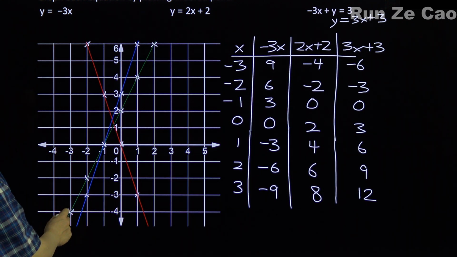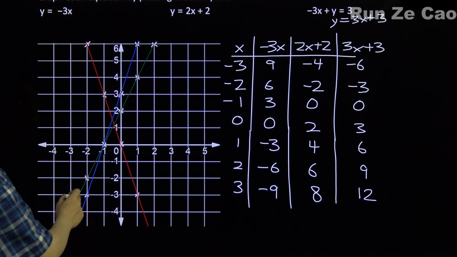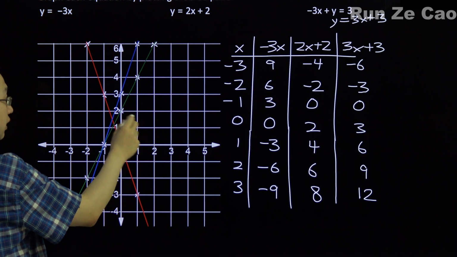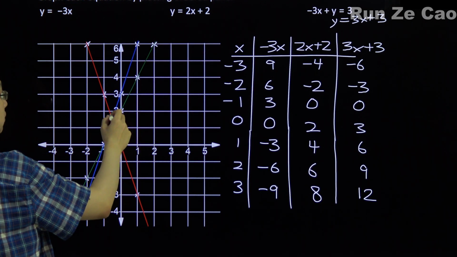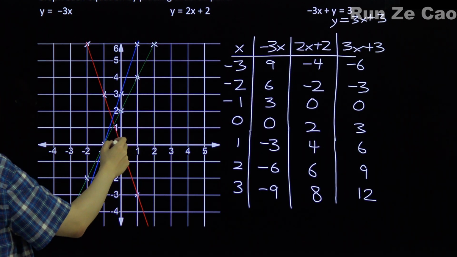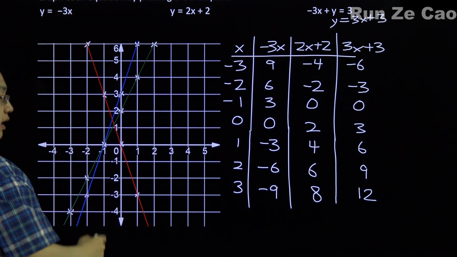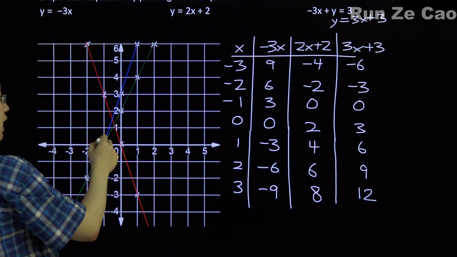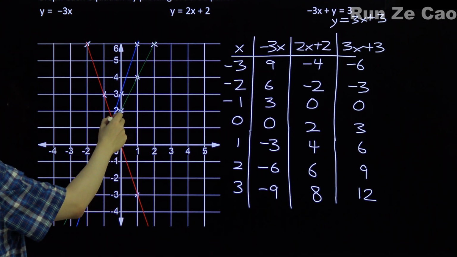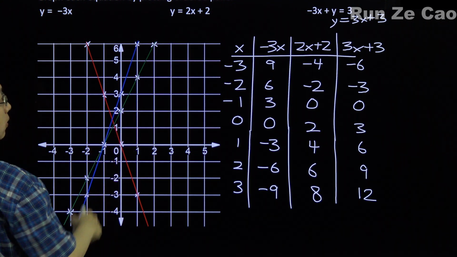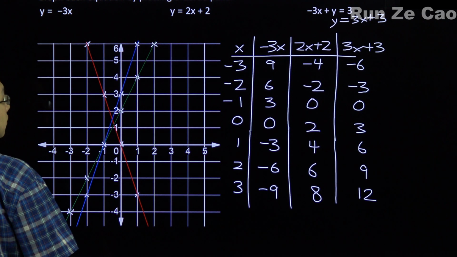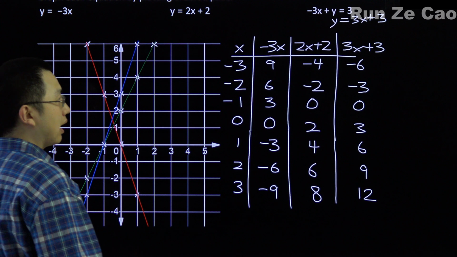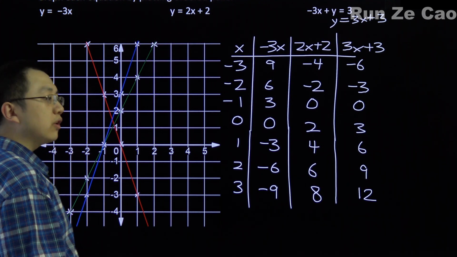As you can see, we have the slope 2. So for every one that x increases, y increases by 2. That's slope 2. And for every one that x decreases, y decreases by 2. So that's slope 2, and it passes through the y-intercept 2. It passes the y-axis at the value of y equals 2. Where is the y-axis?